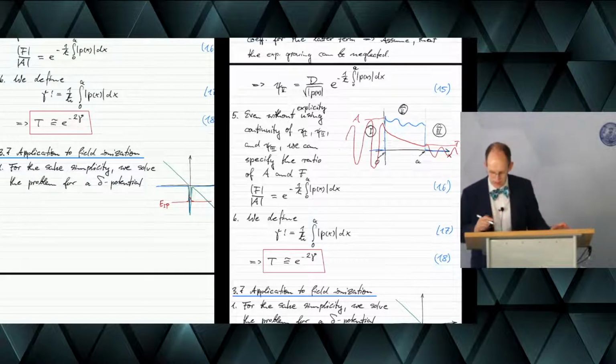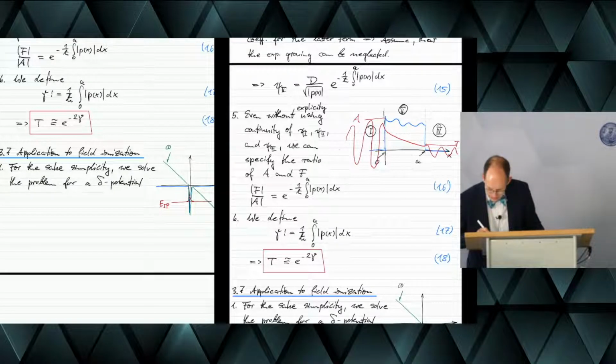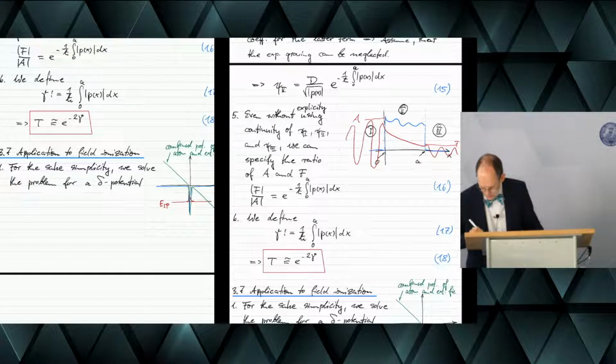So this is the combined potential of atom and external field. And here we assume that E is equal to 0.